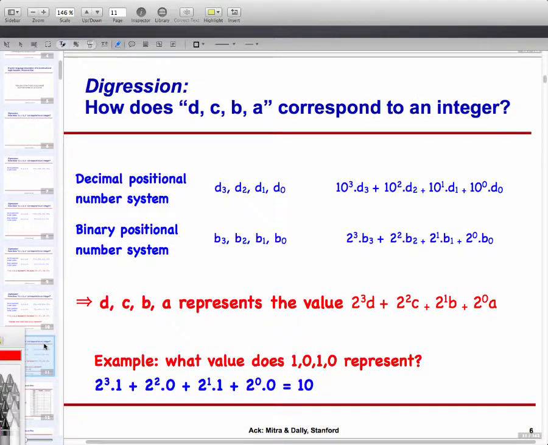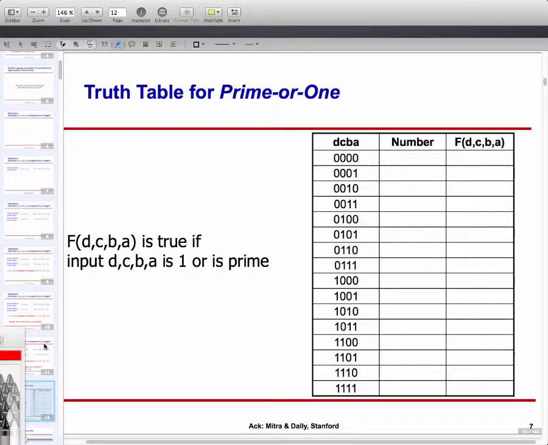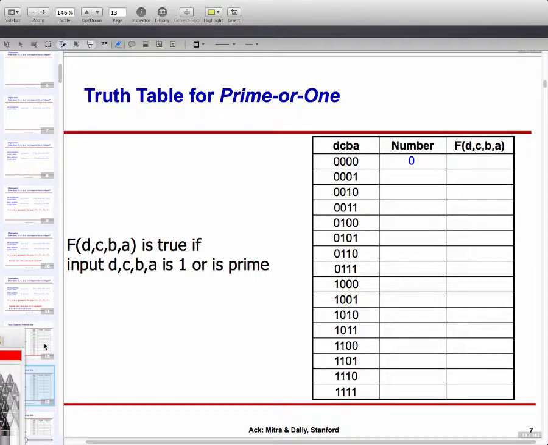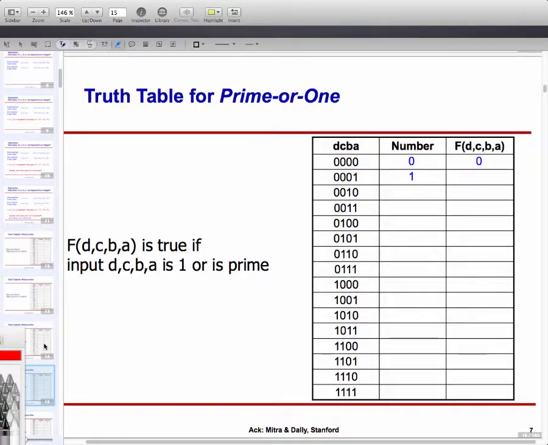Okay, so now going back to our problem, we are going to make the truth table. So we have listed all possible values of DCBA. Next thing we do is we write down the numbers. So number 0, output should be 0 because it's neither 1 nor a prime. Next one is number 1.